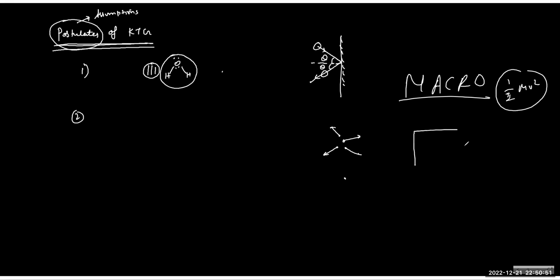So when a container containing gas molecules moving with velocity v suddenly stops, where will this energy go? Let's say there is a perfect rigid wall, and you collide with the wall and come to rest.